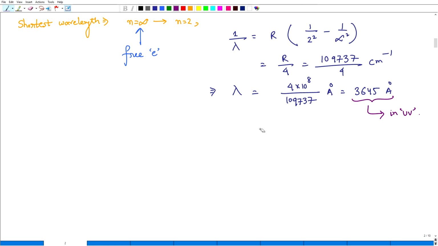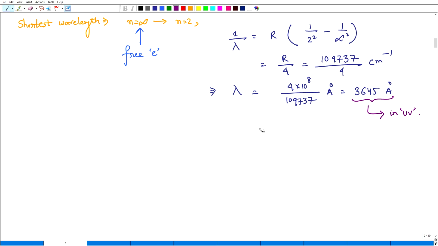We know it starts from violet and goes up to red, but here we are considering n equals infinity, that's why it comes out of the visible range. But still, as the electron comes to the n equals 2 level, the final state, it is also considered a line of the Balmer series.